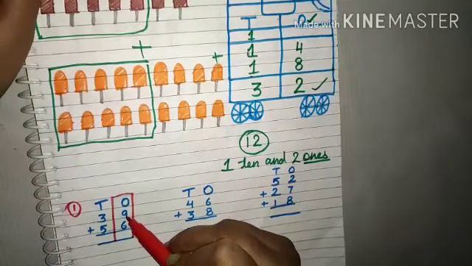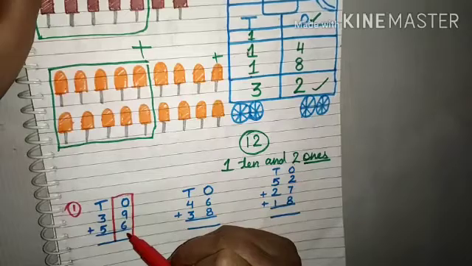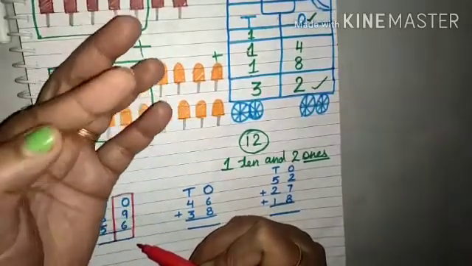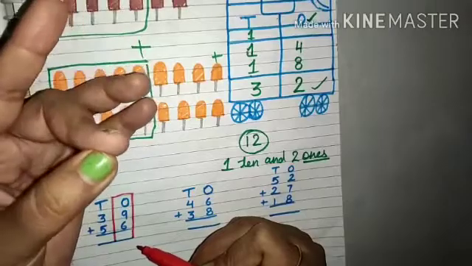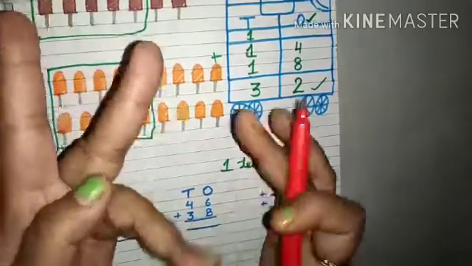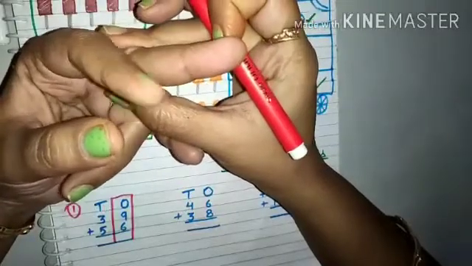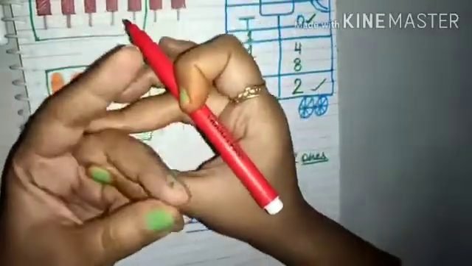So 9 is in my mind and 6 I am going to count on my fingers. So 1, 2, 3, 4, 5 and 6. Okay, 9 is in my mind. 10, 11, 12, 13, 14, 15.